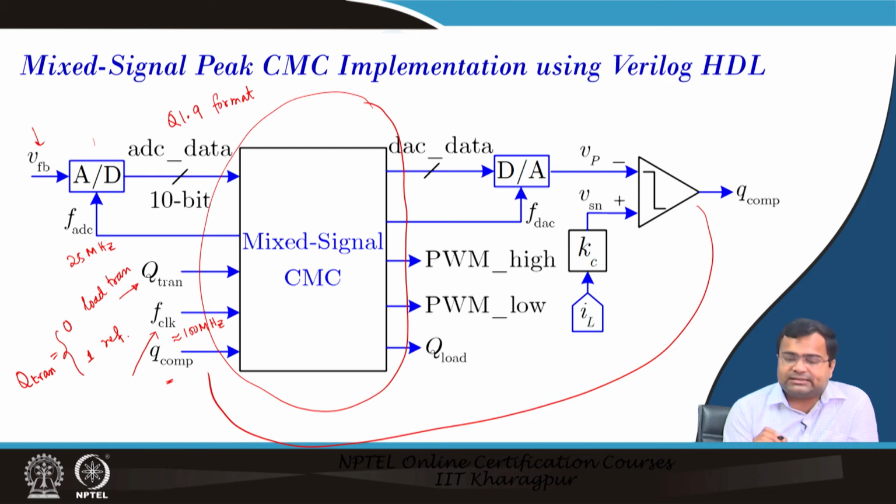Then the output of this mixed signal, because we have a DAC. So, DAC data is coming to be an offset binary.